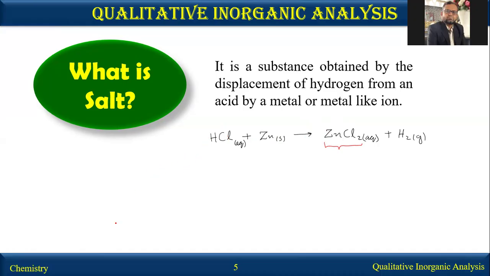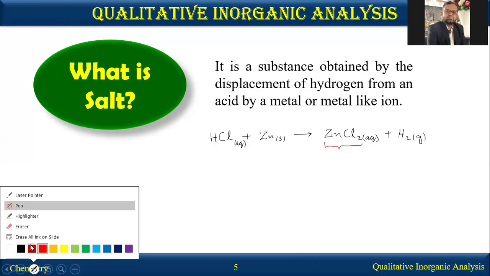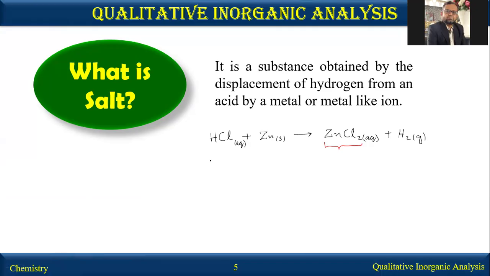Now see another example. Another example is HCl aqueous plus sodium hydroxide. Sodium hydroxide is an alkali, it is also aqueous.